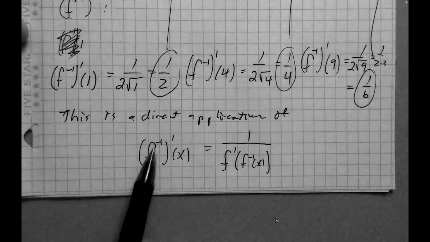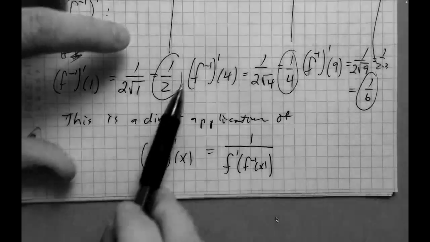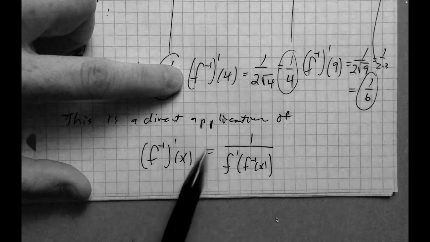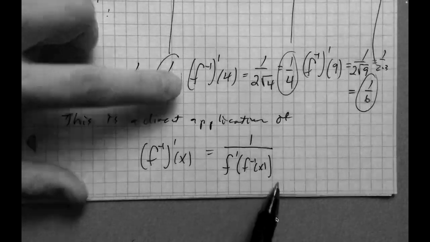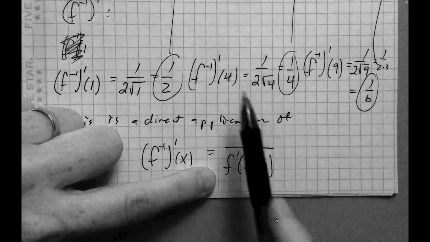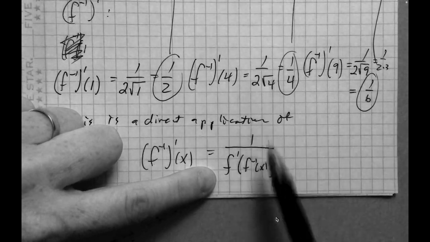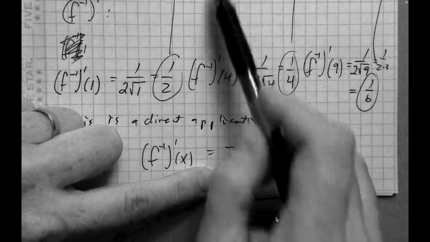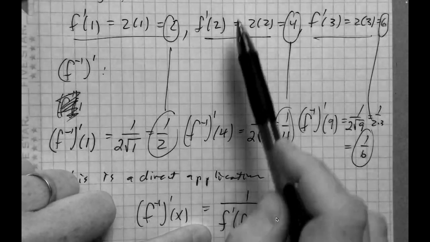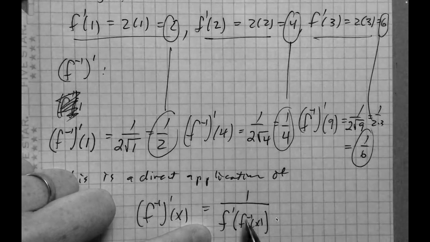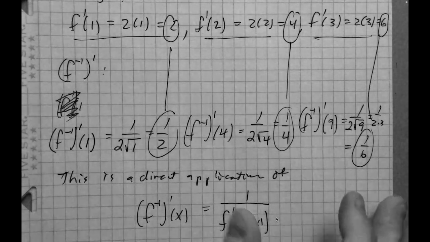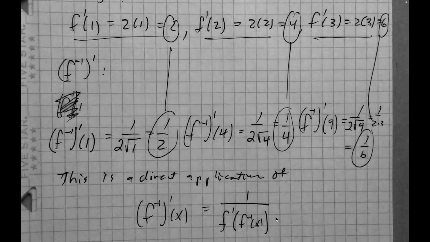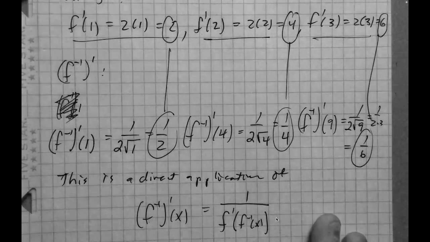So let's take f inverse prime of 4. We plug that in. That's equal to 1 over f prime evaluated at the inverse, right? Now the inverse of 4 is 2, so f prime evaluated at 2, that would be what you have there. So this is basically 1/4, isn't it?